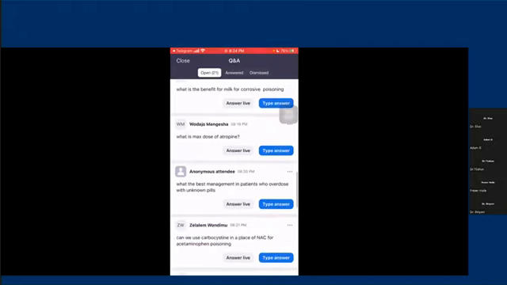What's the best management in patients who overdose with unknown pills? As I said, most of the time it's really very difficult to clearly know which specific agent the patient took.